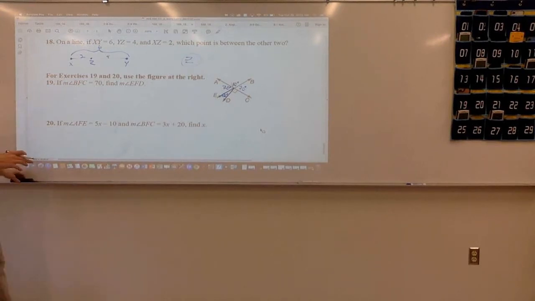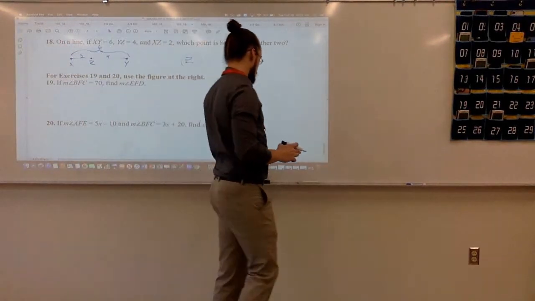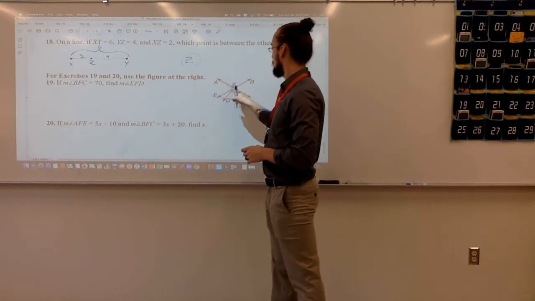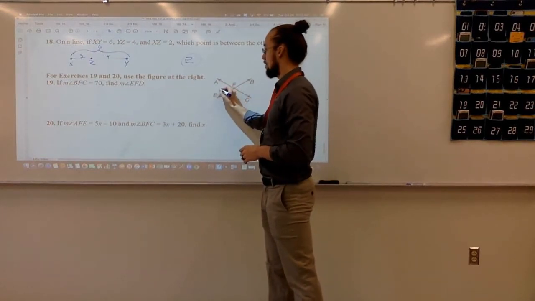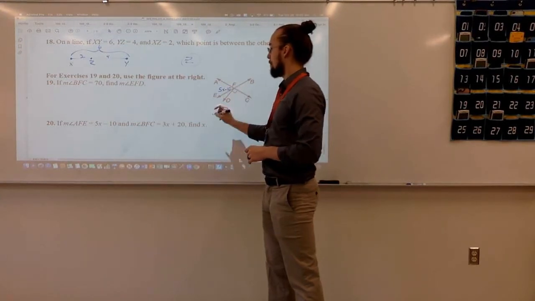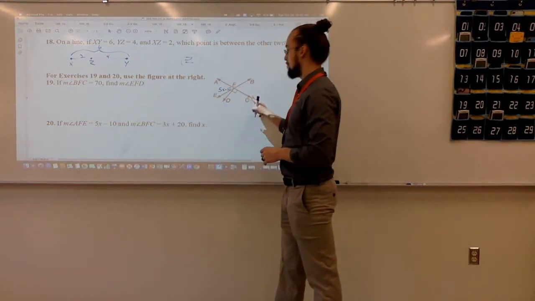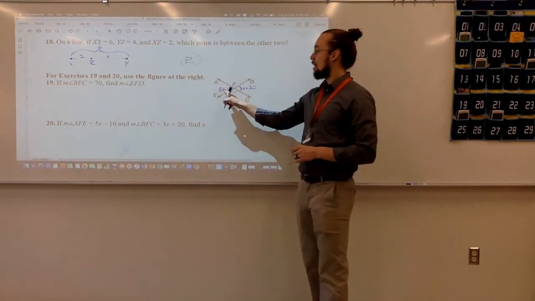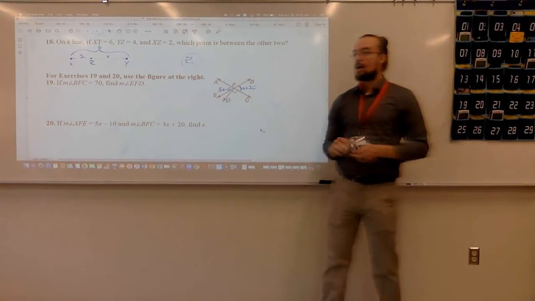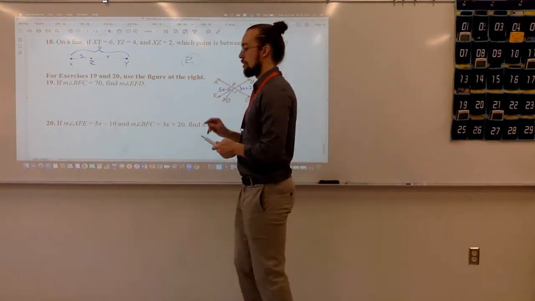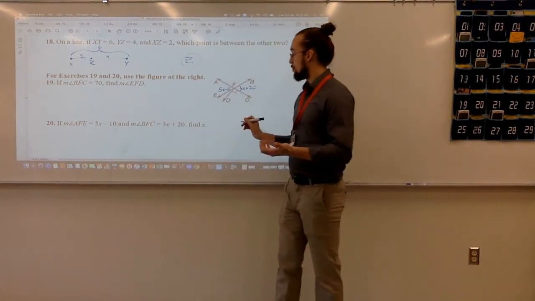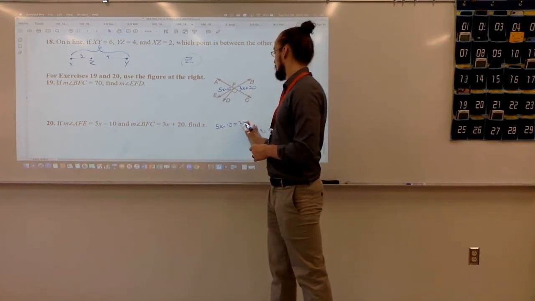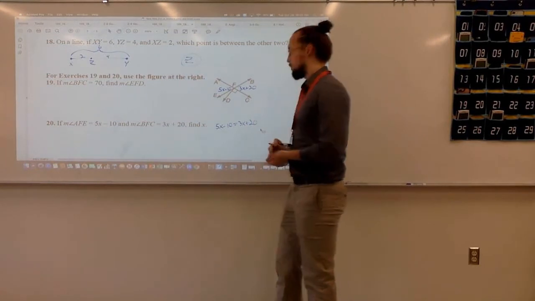The last problem just asks us to set up an equation here. I'm told angle AFE is 5x minus 10, and angle BFC is 3x plus 20. Those two angles are vertical angles, which means they would be equal to each other. So my setup would be 5x minus 10 equals 3x plus 20.